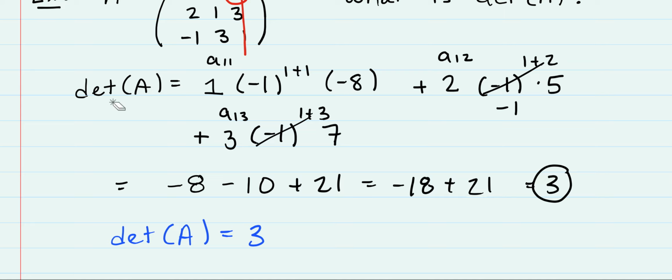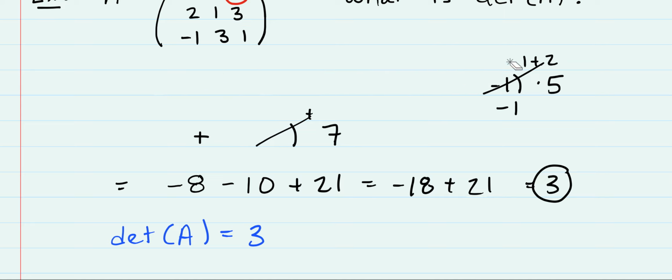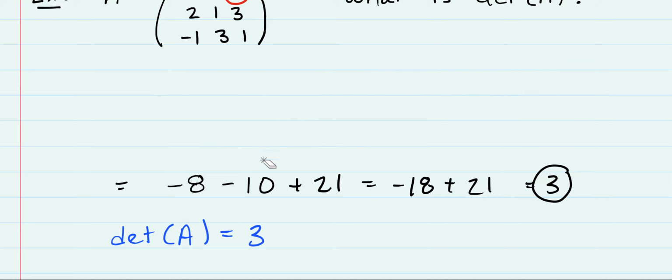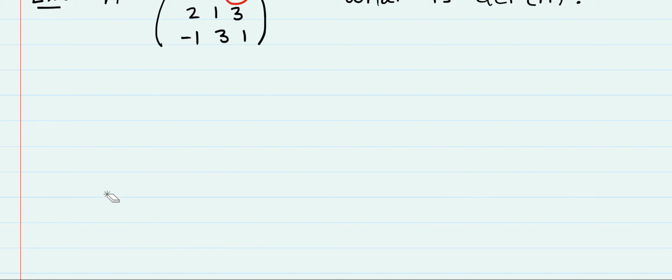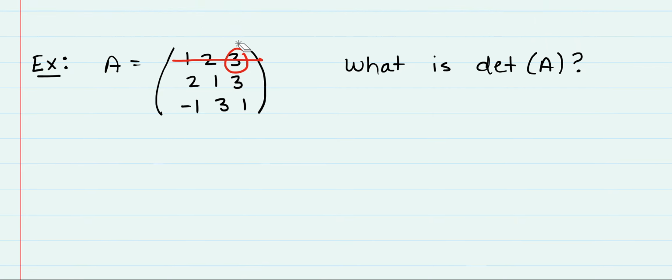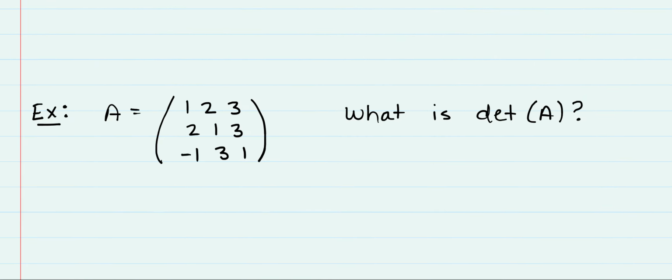Now I'm going to show you the other definition using a column. And we should get the same answer. So you choose the column you like, column 1, column 2, or column 3. I think I'm going to go down column 2.